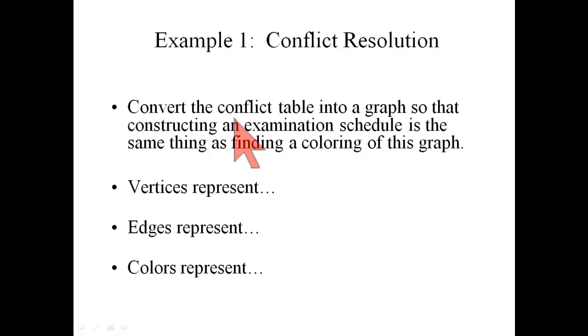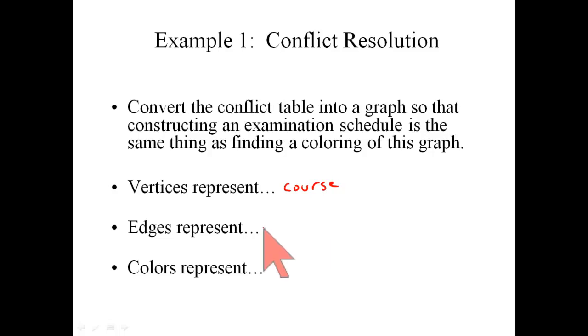What I want to do is turn the conflict resolution problem into a graph coloring problem. Let's have the vertices represent courses. So there were classes French, Math, History, Philosophy, and so on. We'll build a graph in which there's a French vertex, a Math vertex, a History vertex, and so on.